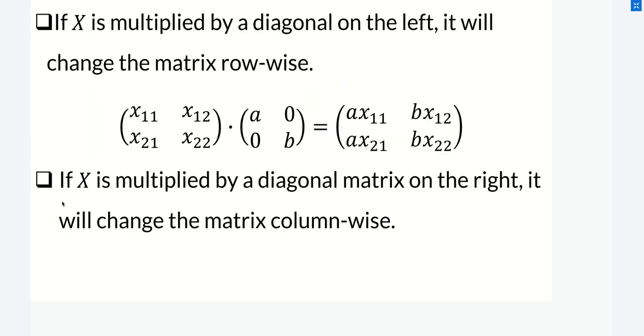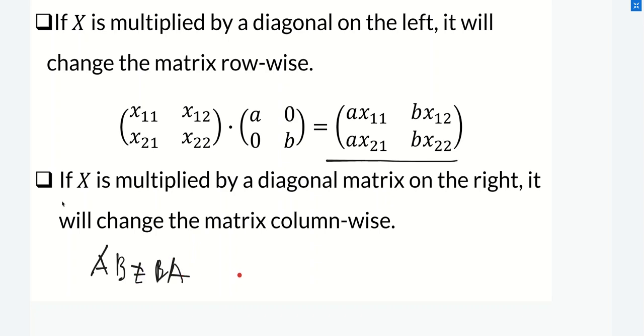Now if I multiply this matrix by a diagonal matrix, let's look at it. We saw from when we started learning about matrices that matrix multiplication is not commutative, right? AB is not equal to BA.